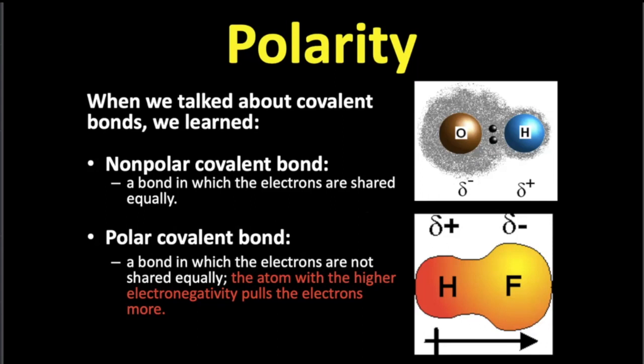So imagine it as like a tug of war. Fluorine is the big bodybuilder and hydrogen is just a normal little person, right? And so fluorine is winning that tug of war between those electrons. So if those are your electrons, fluorine takes this one on the left and has a greater pull towards itself. All right, and so fluorine becomes partially negative.